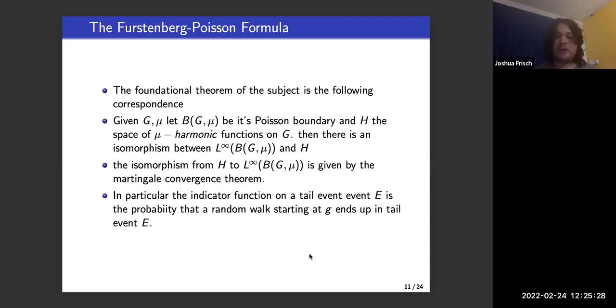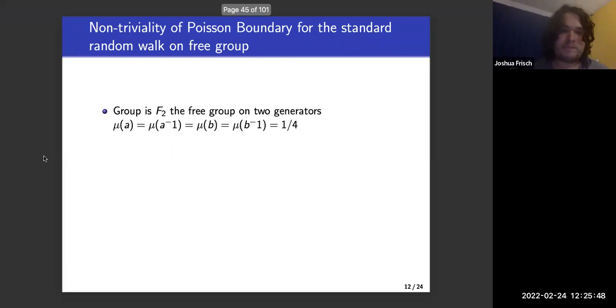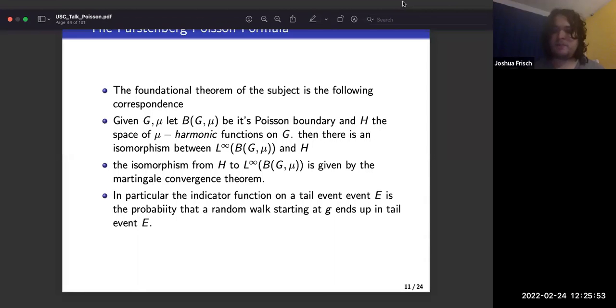Because the odds that starting at G I end up in some tail event, harmonicity just says I'm the average after one step. And of course, the probability that I end up there is exactly the average of the probabilities after I've taken one step. Any more questions so far?